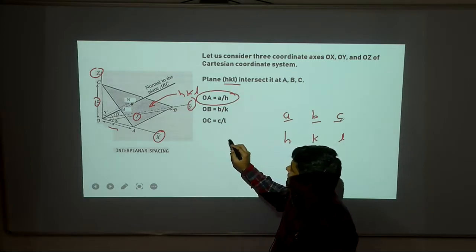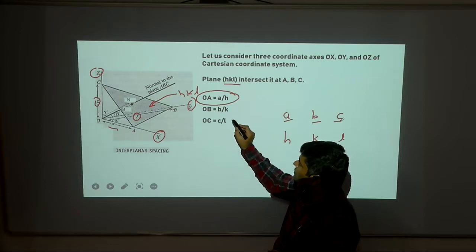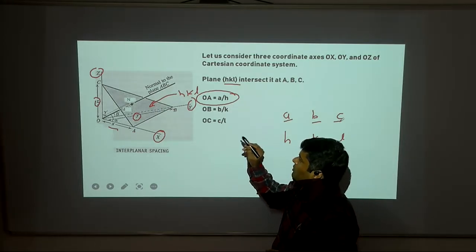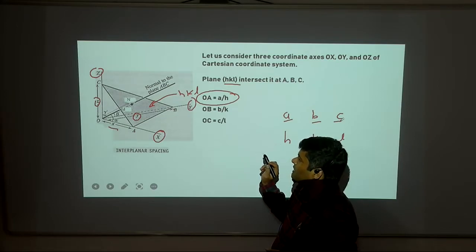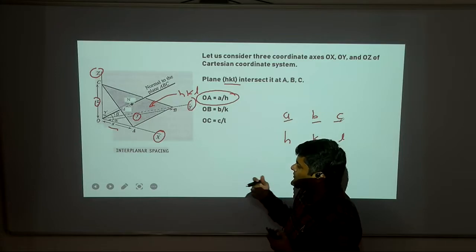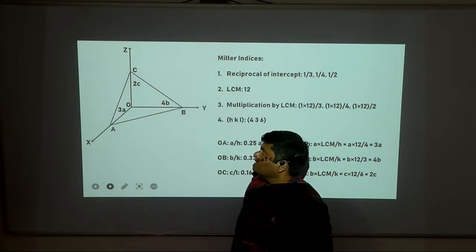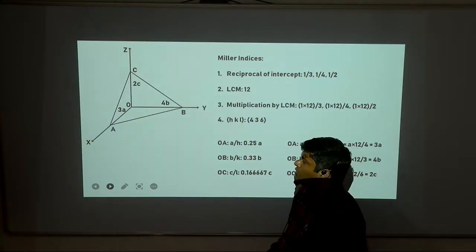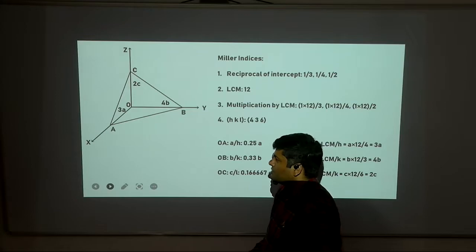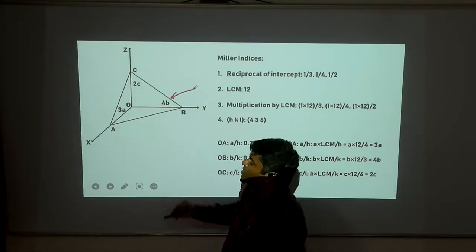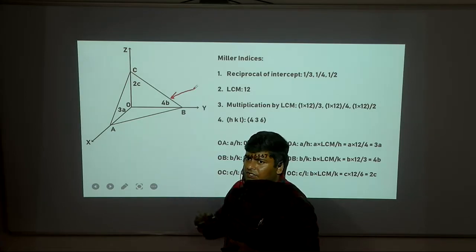Before going ahead, we will first prove how OA becomes equal to a upon h, OB becomes equal to b upon k, and OC becomes equal to c upon l. We will understand that, and then go ahead with the rest of the calculation. To understand, we consider one plane which intersects the three crystallographic axes at three different intercepts.